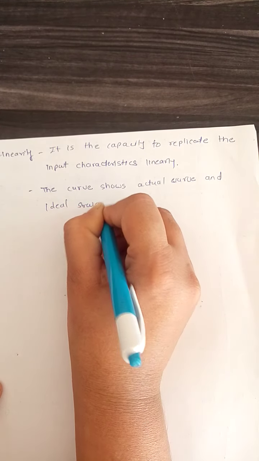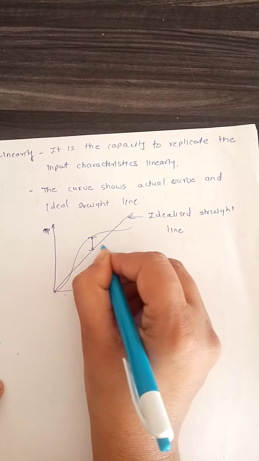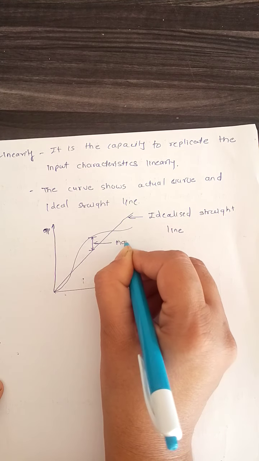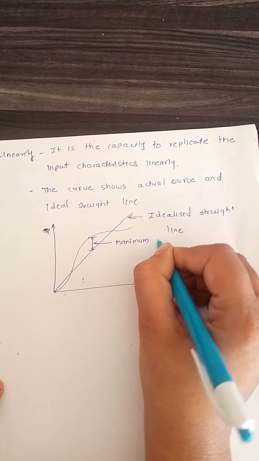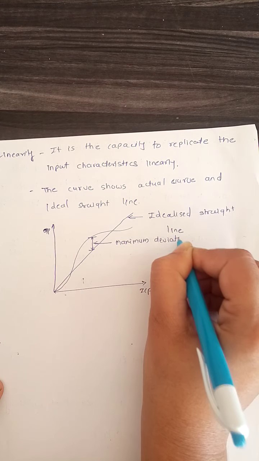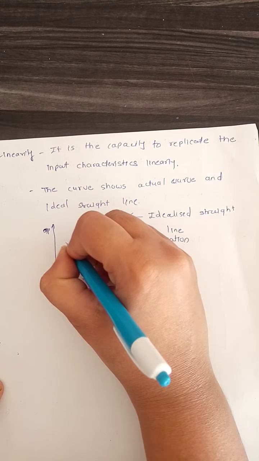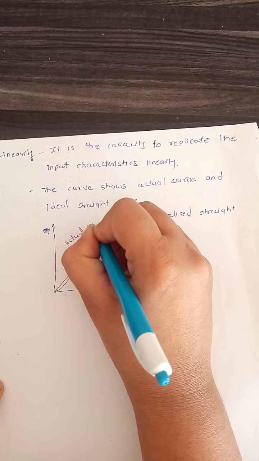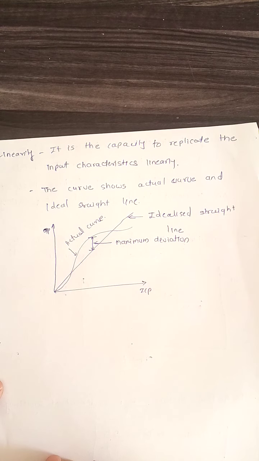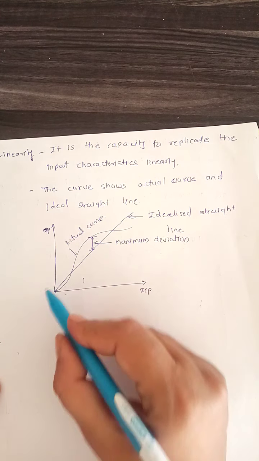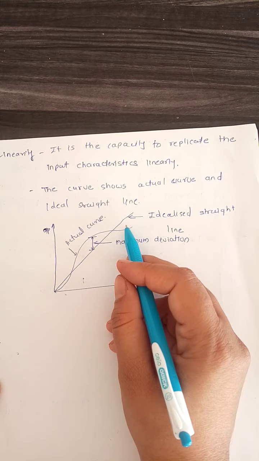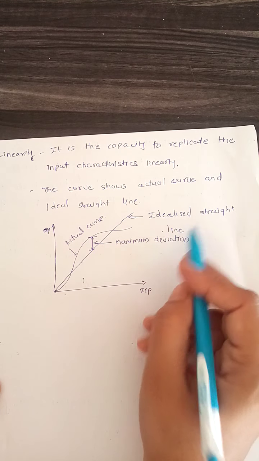Then this maximum distance is called the maximum deviation. This curve is called the actual curve, and this is the idealized straight line.